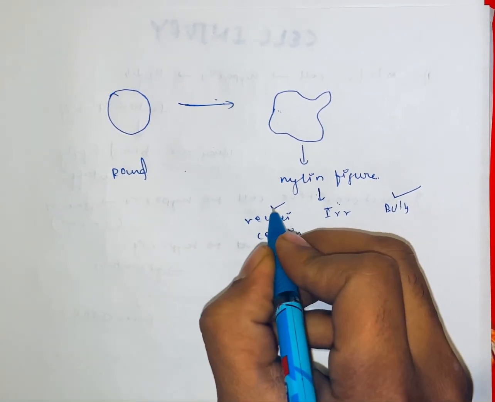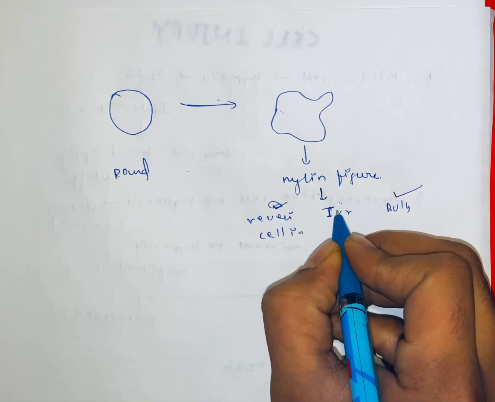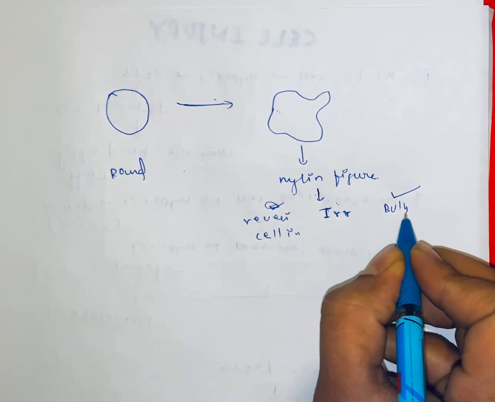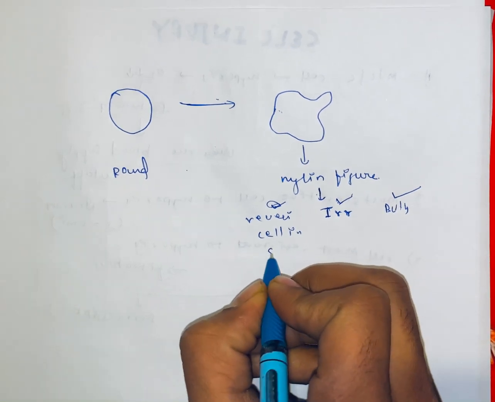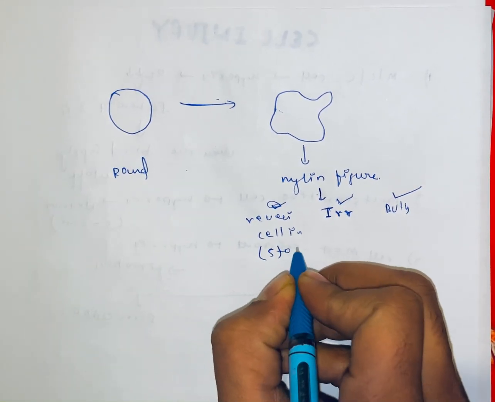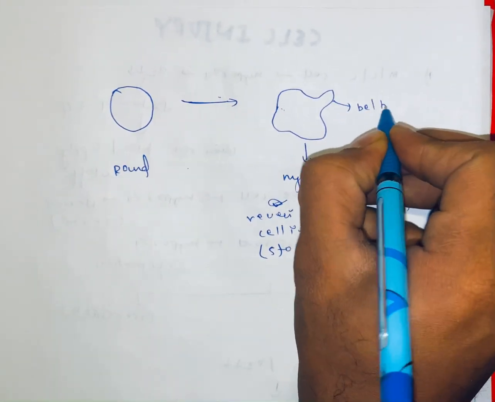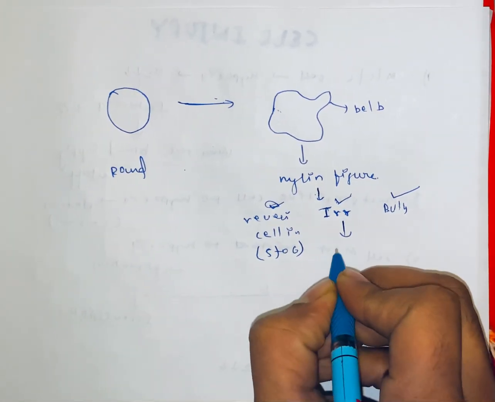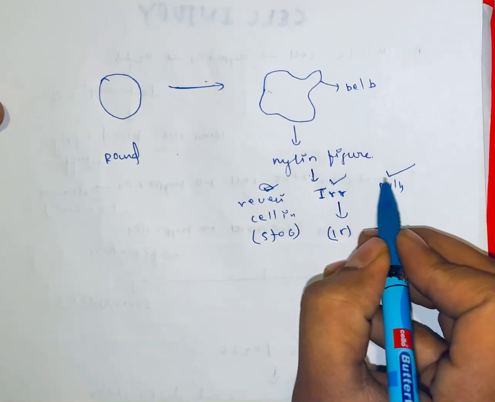We will choose irreversible when the question asks in which condition myelin figures are seen, irreversible, reversible, or both. In reversible there are normally 5 to 6 bulbs present, and in irreversible there are 15. For example, if both come, then we will take both.